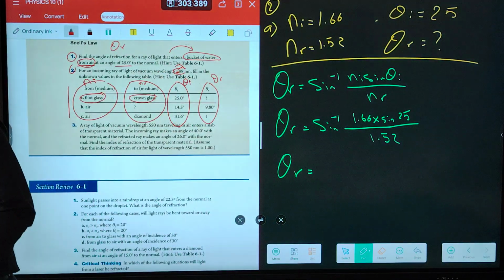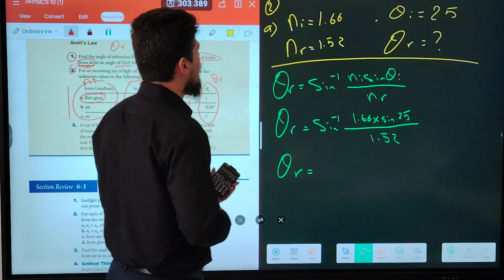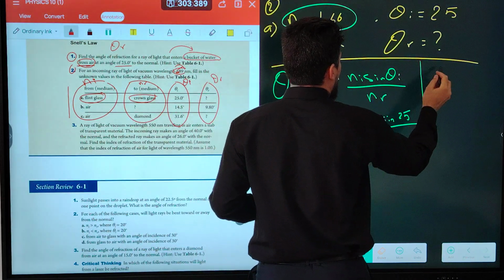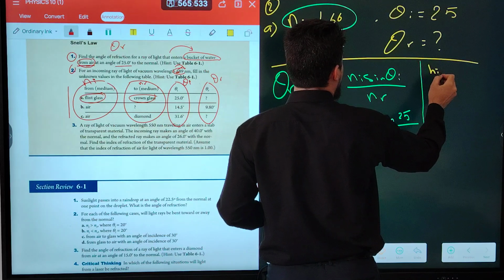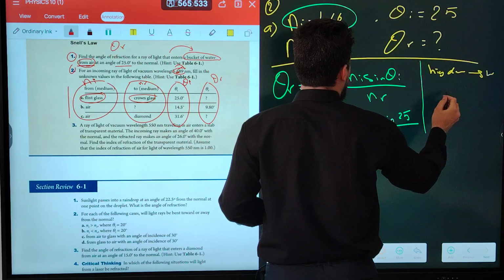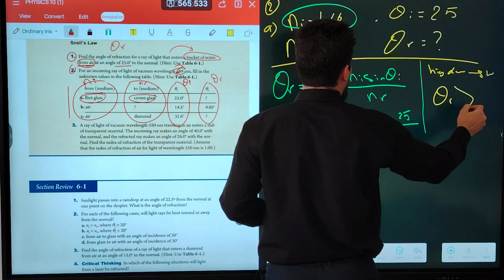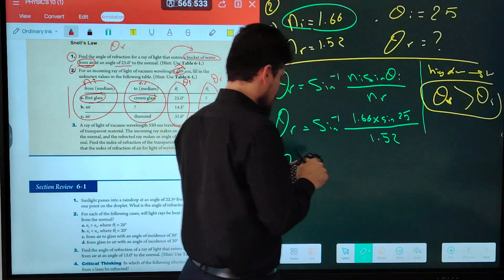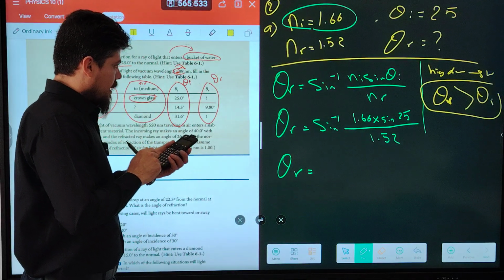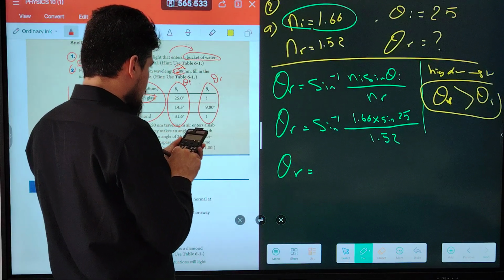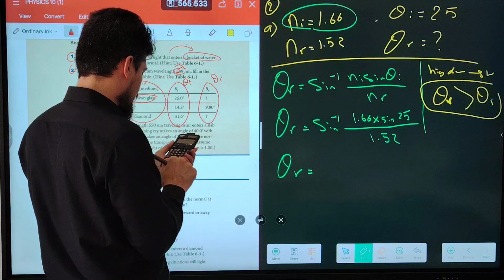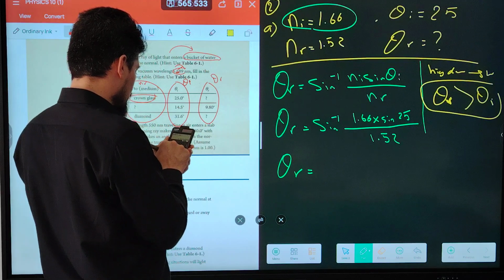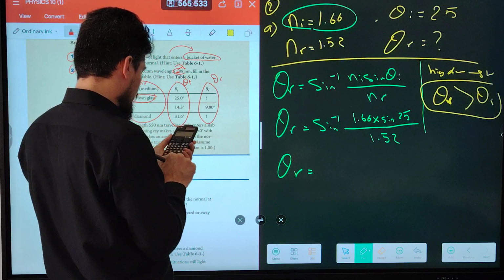In this case the light travels from high density to low density, the light bends, look, from high density to low density, theta R should be bigger than theta I. Opposite of the previous question. Let's check. 1.66 times sine 25 is equal to something, divided by 1.52, and the shift sign is going to be sine inverse of answer.